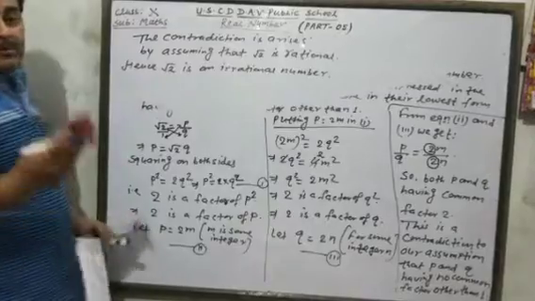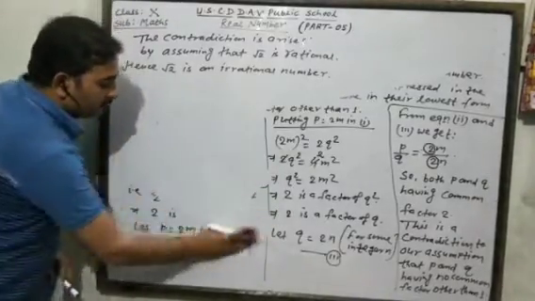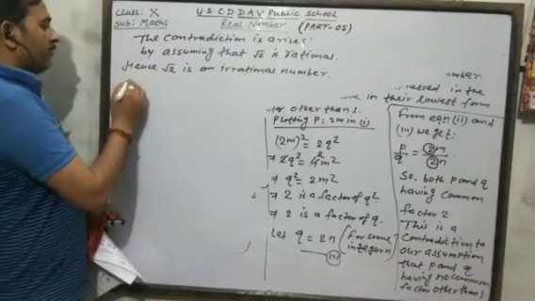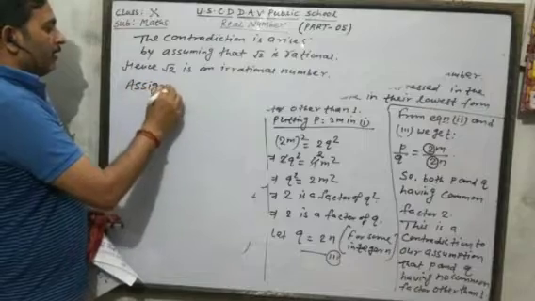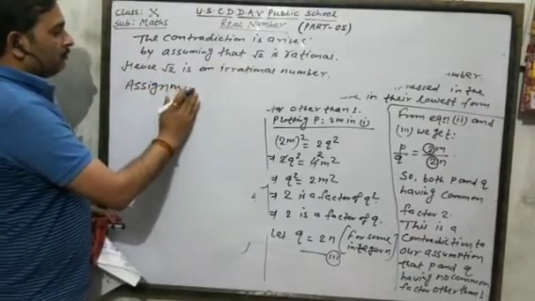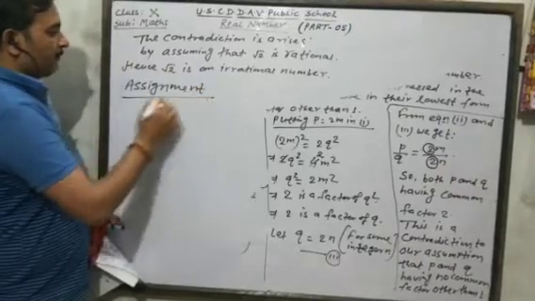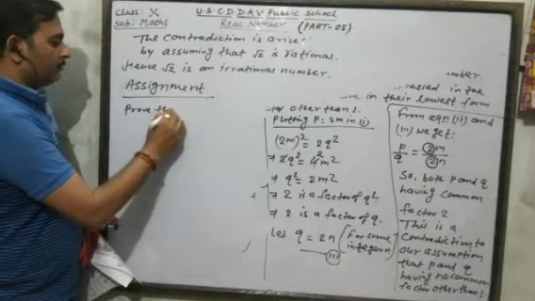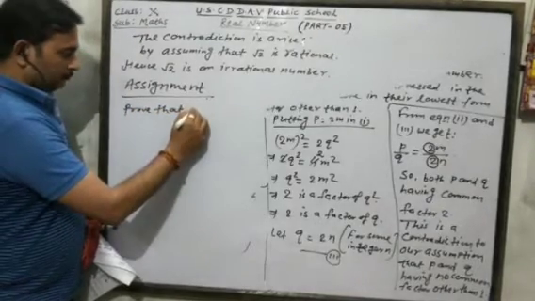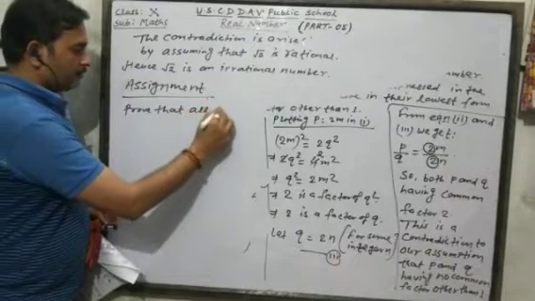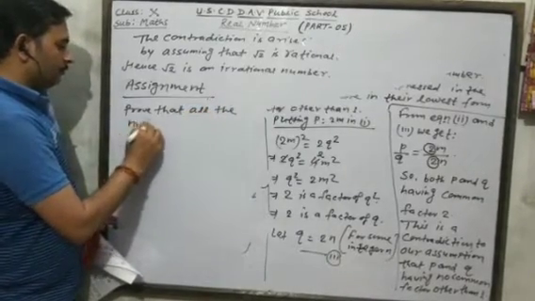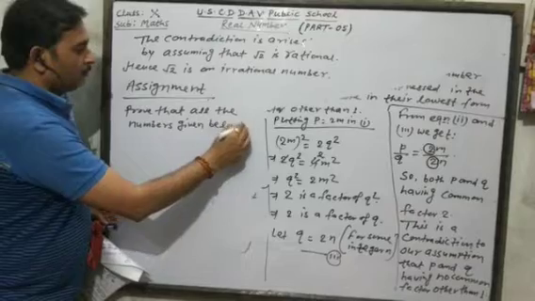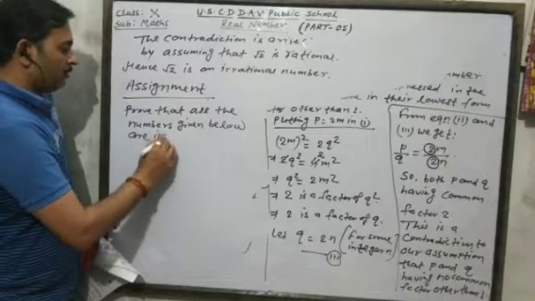Similarly, you can prove that. Now this is the assignment for you. As with root 2, you can prove that all the numbers given below are irrational.